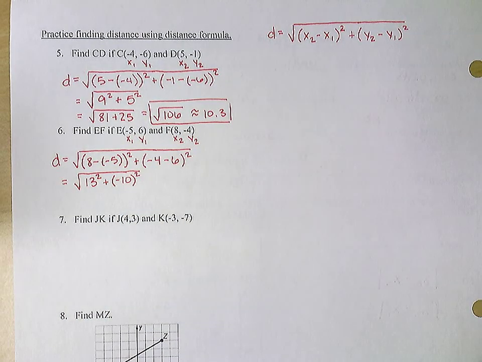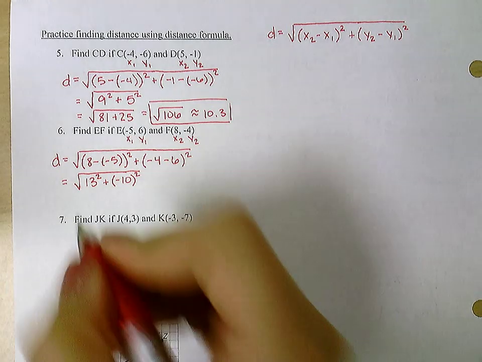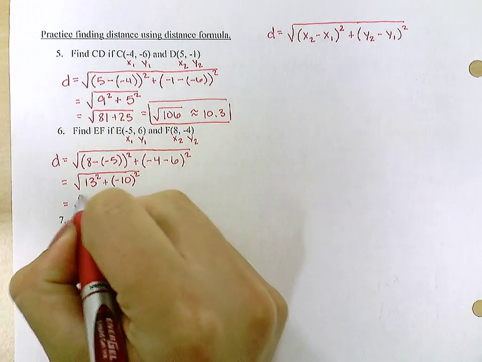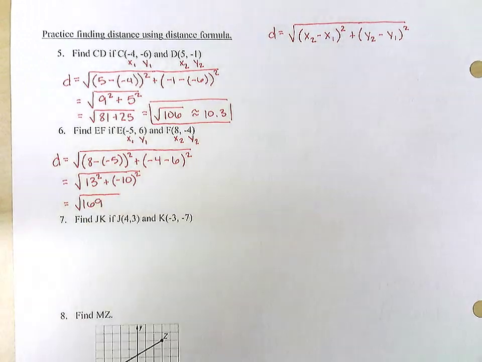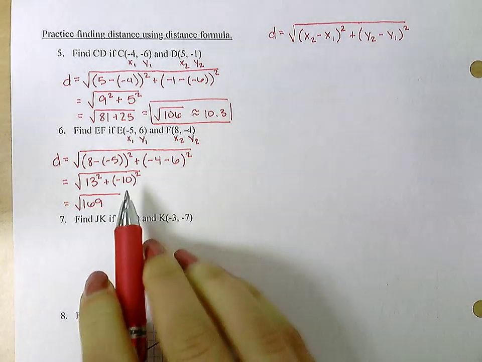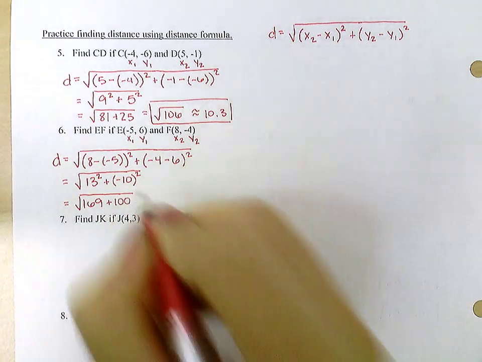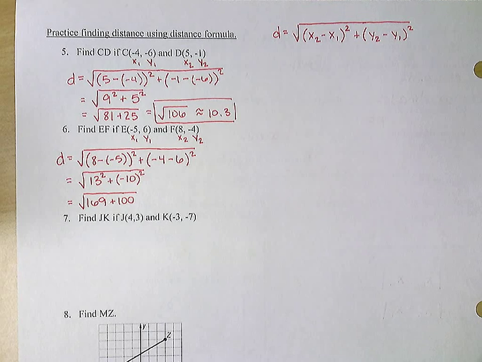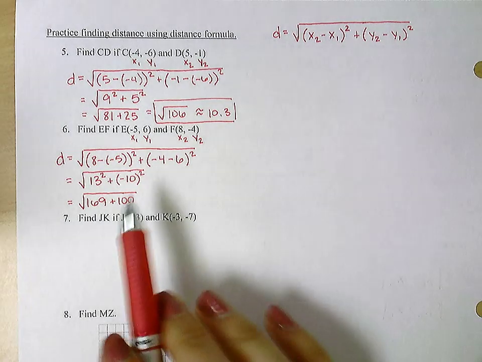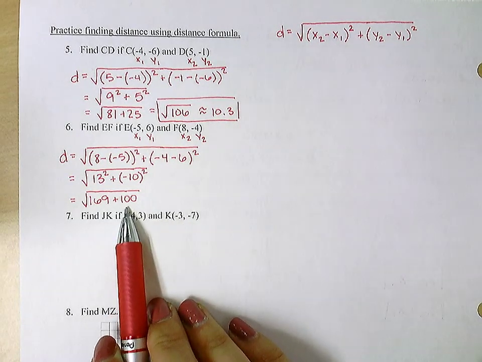I'm putting negative 10 in parentheses because you have to square that negative as well. So when I square 13, I get 169. And when I square negative 10, I get 100. So these should always both be positive. Even if you get that negative value here, you should end up with a positive number.